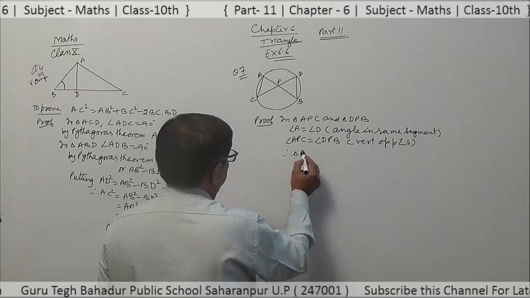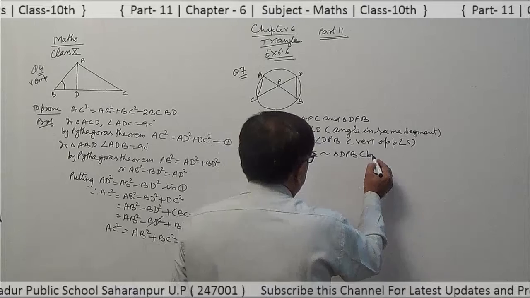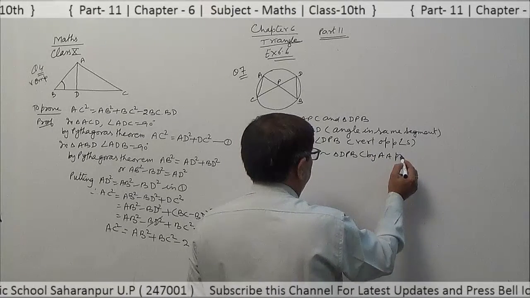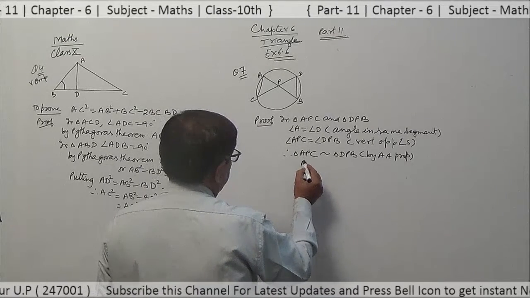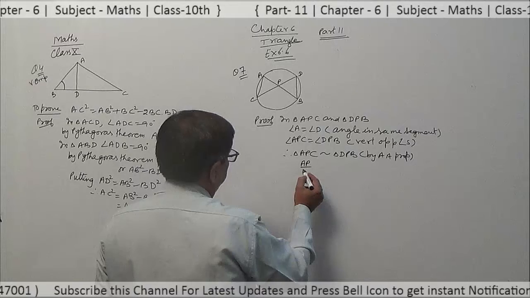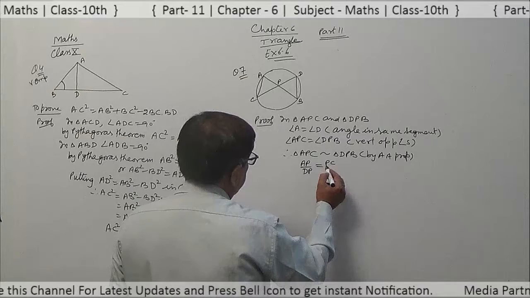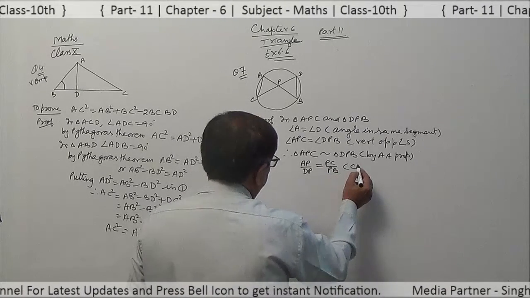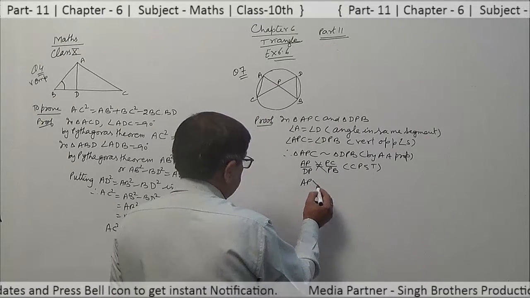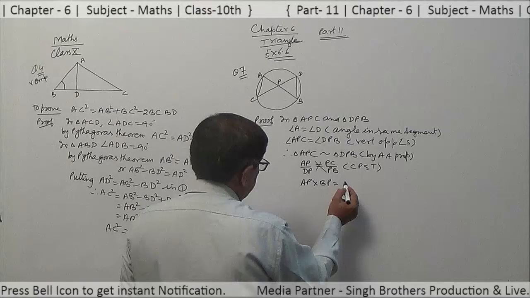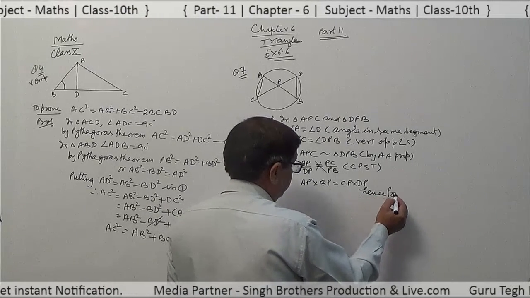Therefore, triangle APC is similar to triangle DPB by AA property. When triangles are similar, their ratio is same. AP upon DP is equal to PC upon PB by CPST. Cross multiply, AP into BP is equal to CP into DP. Hence proved.